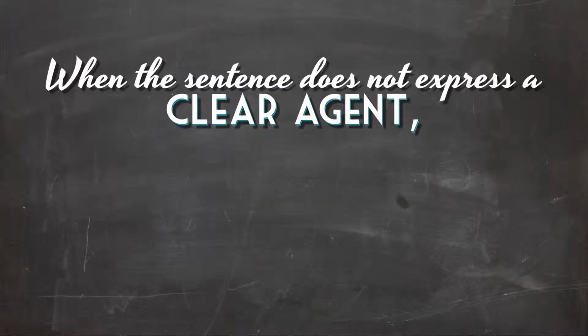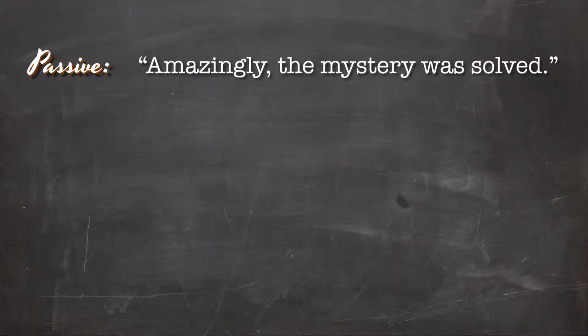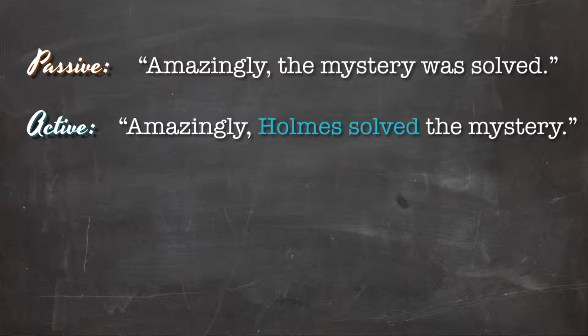When the sentence does not express a clear agent, you may need to use context clues or add information to convert the sentence to the active voice. Passive. Amazingly, the mystery was solved. Active. Amazingly, Holmes solved the mystery.